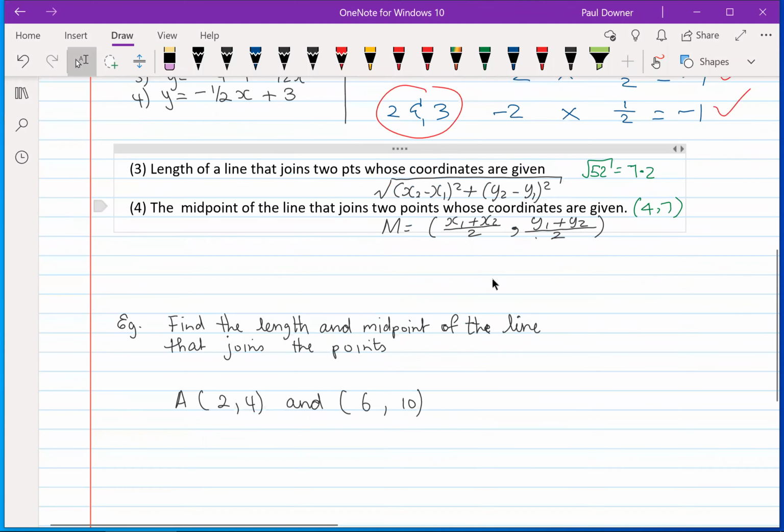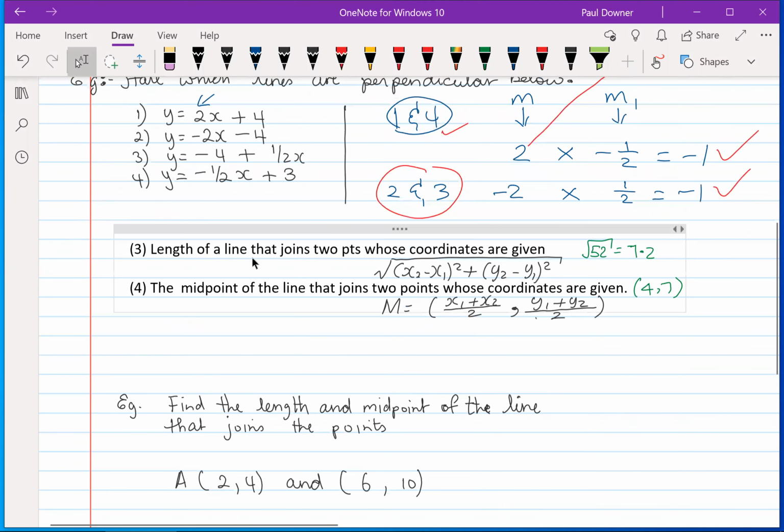Now, there are two other properties you need to be aware of. These two, I think, are normally given at the front of the paper, as in paper 2. But if you are not given them and you don't know the formulae, you may be in a spot of problems. So here are the formulas you need to know. If you want to find the length of a line that joins 2 points whose coordinates are given, this is the formula here. What is it?